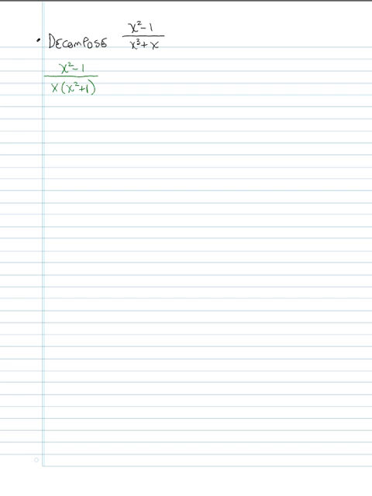So that's an irreducible quadratic. In this case, we only have two factors in the denominator, x and x squared plus 1.